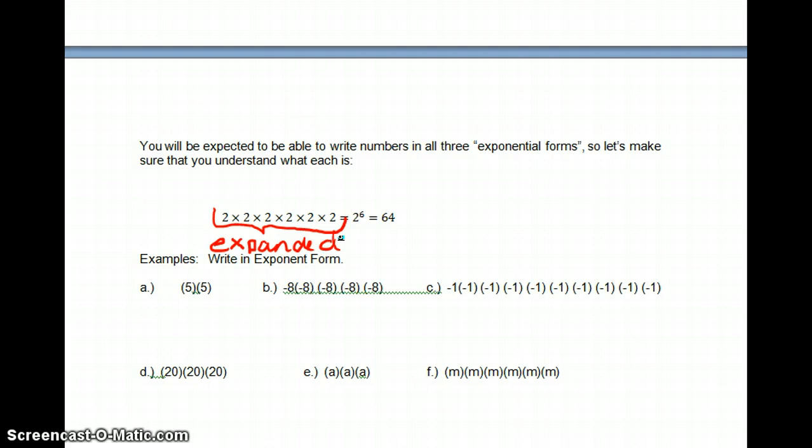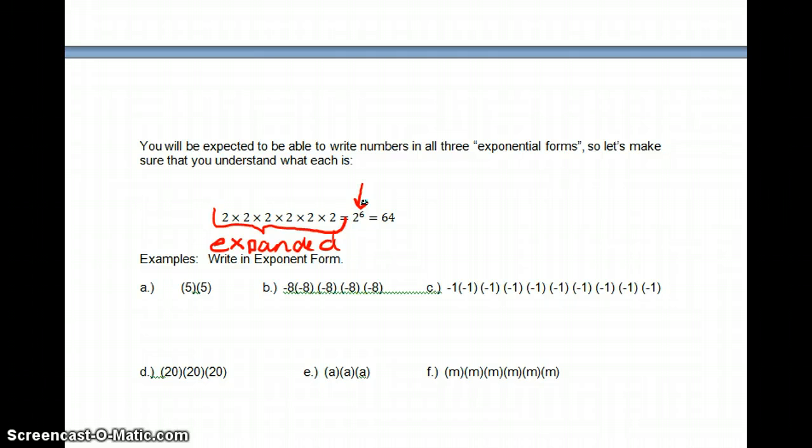The reason that we call it expanded form is because we have taken 2 to the 6th power and expanded out that repeated multiplication to show that the base of 2 is being multiplied by itself 6 times. That's what's happening with a base and an exponent.